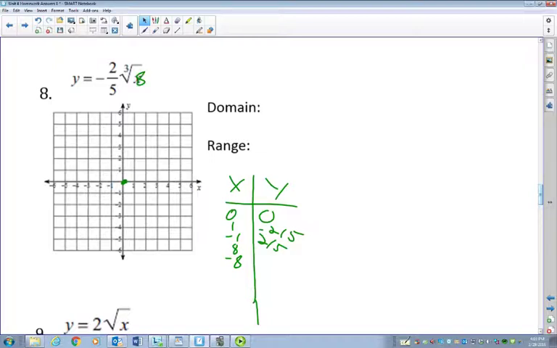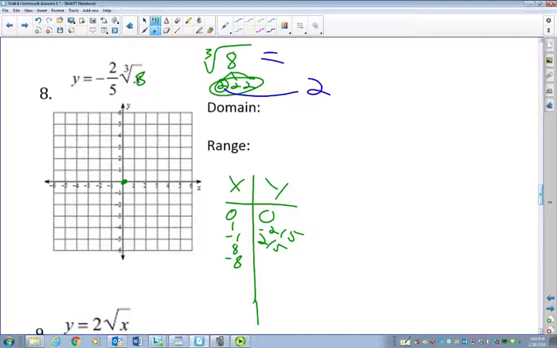The cube root of 8 is 2, since 2 times 2 times 2 is 8, so one of those 2's will come out. So then we have 2, and 2 times 2 is 4, so we have negative 4/5. And then when we plug in the negative 1, we'll get a positive 4/5.